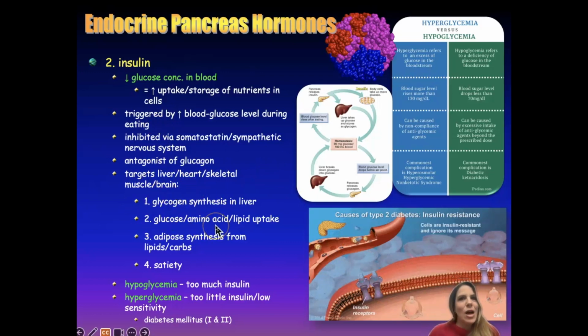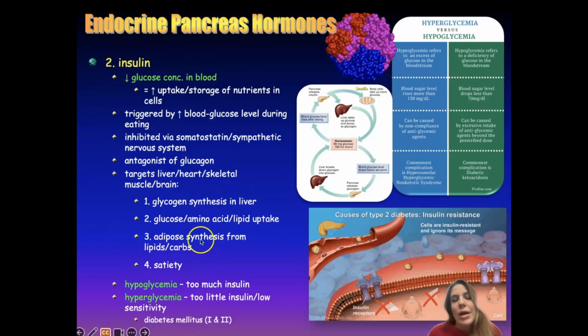It's also going to do the opposite of what glucagon was doing. So whereas glucagon was gathering amino acids and fatty acids to make glucose through gluconeogenesis and release that glucose in the blood, insulin's going to say, oh, no, we don't want glucose in the blood. So let's take those little components, those fatty acids and the amino acids, and let's go ahead and get them taken up by cells so that they're not making any glucose.